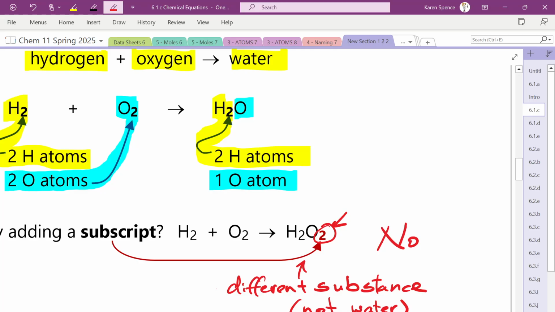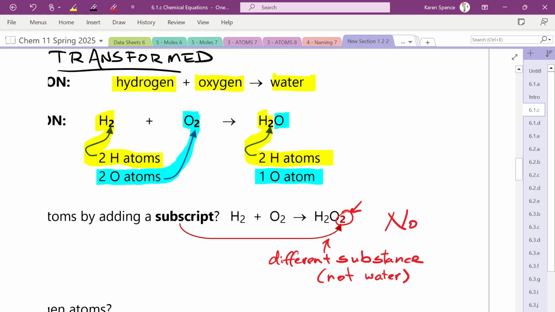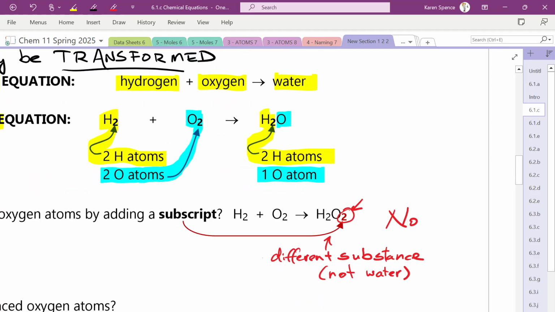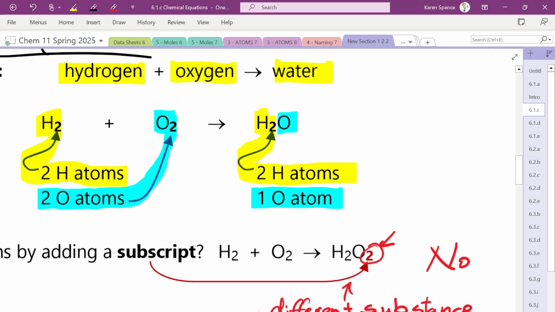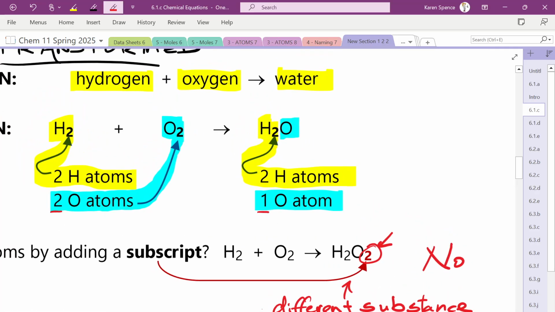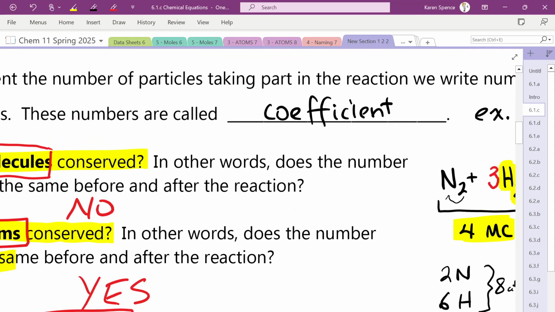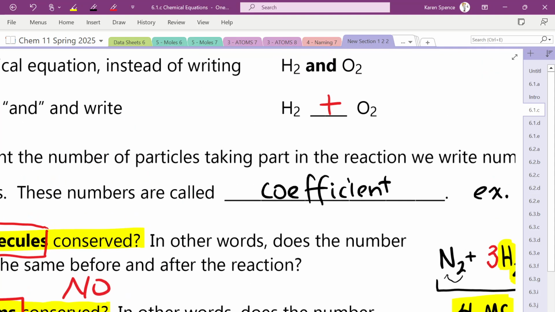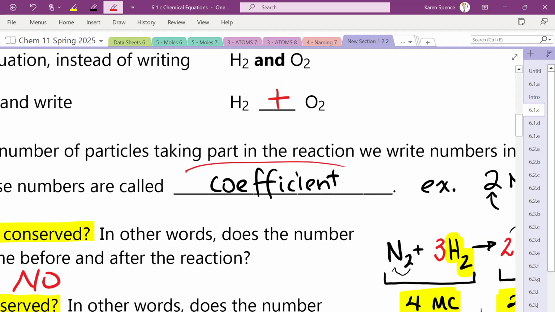Instead of using a subscript, how could we get 2 oxygen atoms on the right-hand side? We would need to use coefficients, okay?